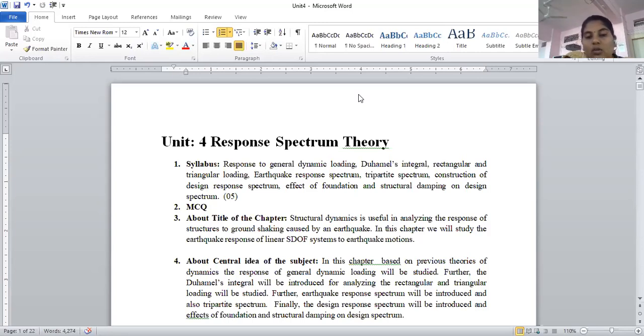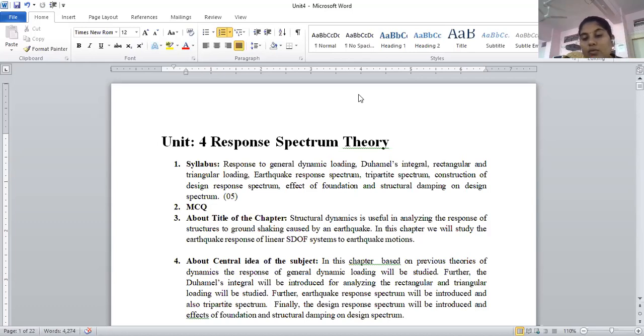Okay, so write down about the title of the chapter. The structural dynamics is useful in analyzing the response of structure to ground shaking caused by an earthquake.